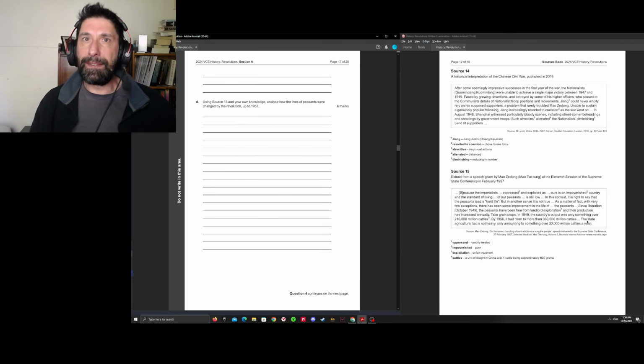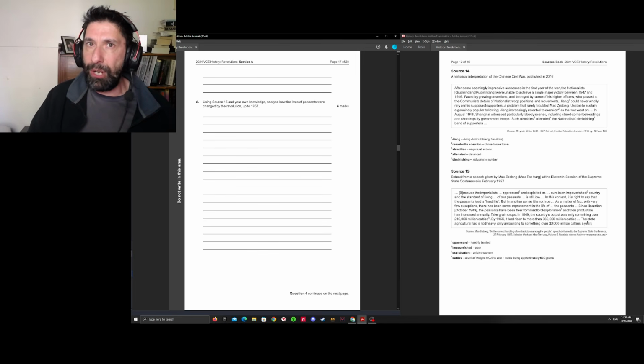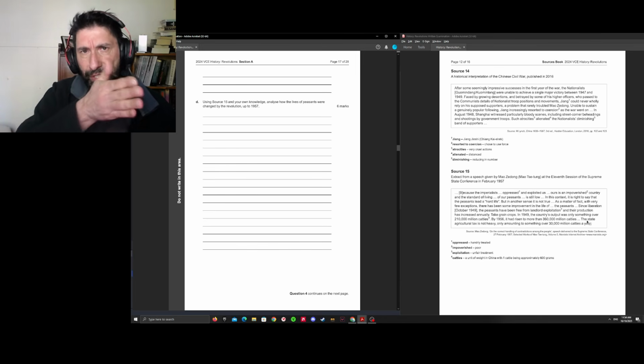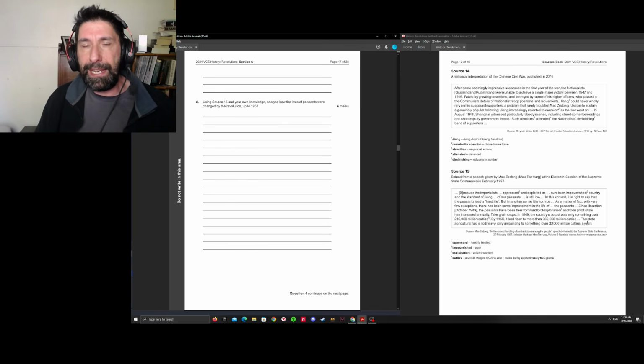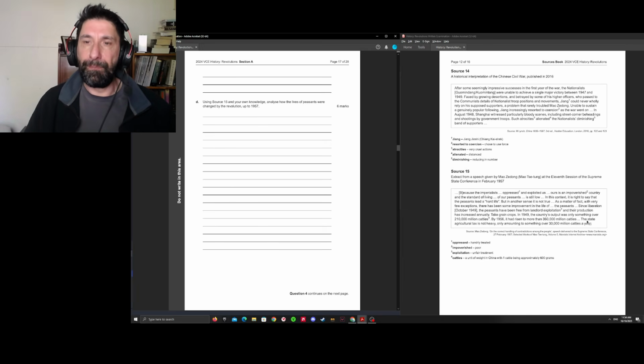Other CCP leaders like Deng Xiaoping and Liu Shaoqi, they argued the reason why agricultural production did not increase during this period, even though they'd had massive increases in, for example, heavy industry and manufacturing during this period in comparison to agricultural production, Liu Shaoqi and Deng Xiaoping said the reason why collectivization hadn't worked during this period was because the collectivization system was broken.